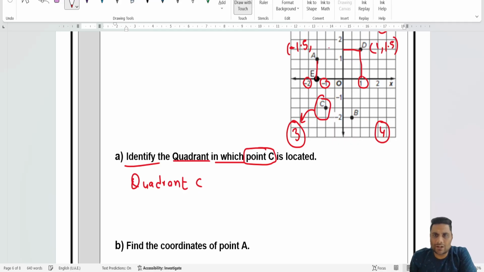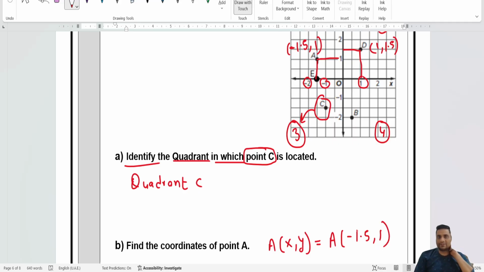This is X. And how much in Y? 1. So the location of point A, you can write A, (x, y), will be equal to A (-1.5, 1). Class, this is the answer. Simple enough. Okay. Next.